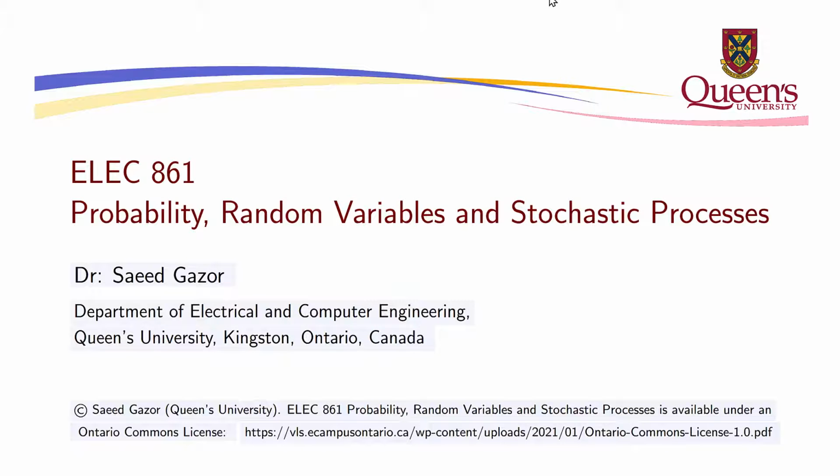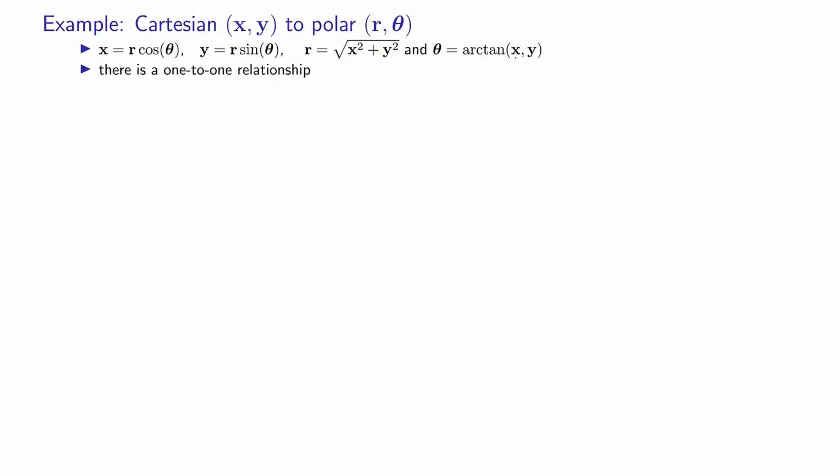Now let us have one example of a random pair to be represented either in Cartesian domain or polar domain. So we want to know what's going to be the distribution representation in polar or Cartesian. So far, what we have seen was that the polar representation and Cartesian representation are related.